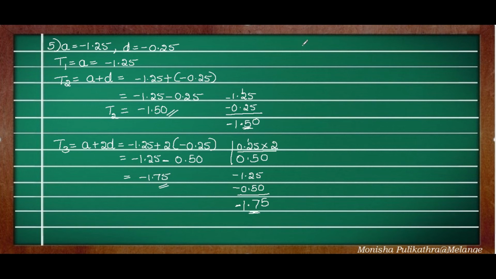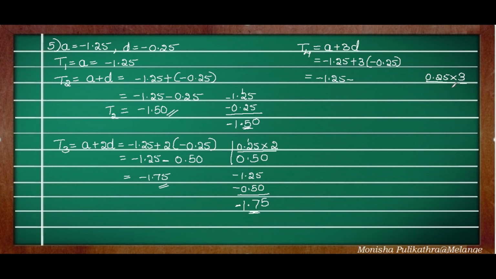Next, moving on to the fourth term. Fourth term is given by A plus 3D. So A is minus 1.25 plus 3 into minus 0.25. Here minus 1.25 plus into minus is minus. You need to multiply 0.25 into 3.